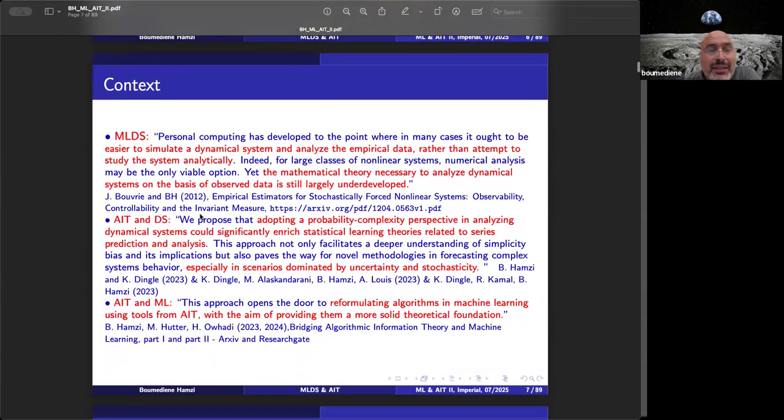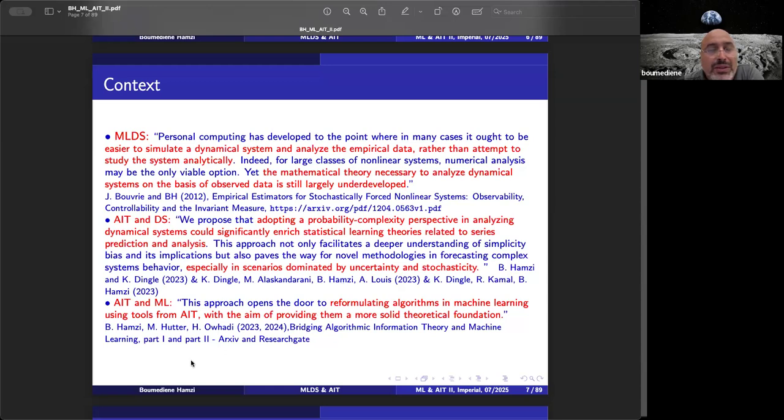This is AIT and dynamical systems, what we wrote in 2012, and what Kamal mentioned yesterday: the interface of AIT and dynamical systems is an important direction. And AIT and machine learning is what we are dealing with today. The idea is to look at kernel methods as a way to bridge the gap.